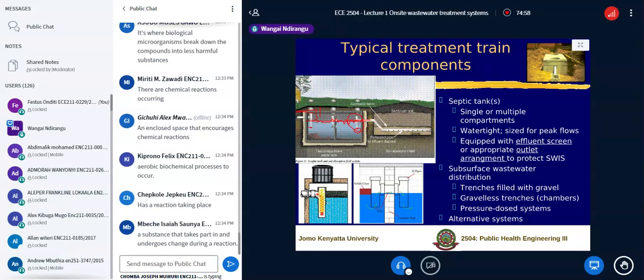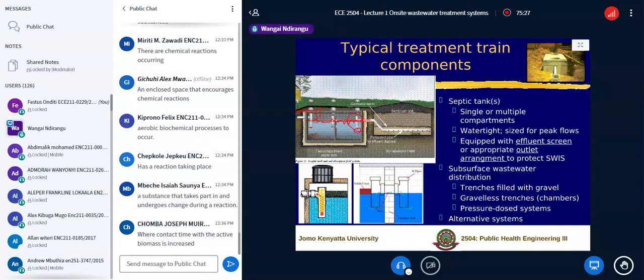So there is some reaction that's undergoing. Two, some people have said, as with Mary, about controlled. So it's a controlled environment. So therefore, second is that there's a controlled environment where a reaction or process takes place.